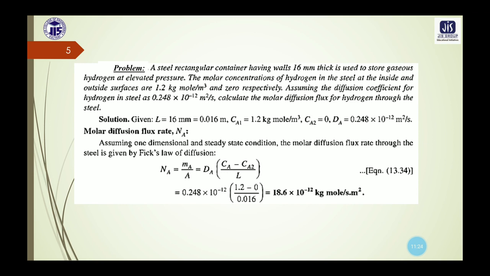CA1, the molar concentration of hydrogen in the steel at the inside, is 1.2, and CA2 is 0 at the outside. L, the thickness, is 0.016 meter. Putting all these values, we get the molar diffusion flux as 18.6 into 10 to the power minus 12 kg mole per second meter square. So this is the procedure by which we calculated the molar diffusion flux for hydrogen through the steel.